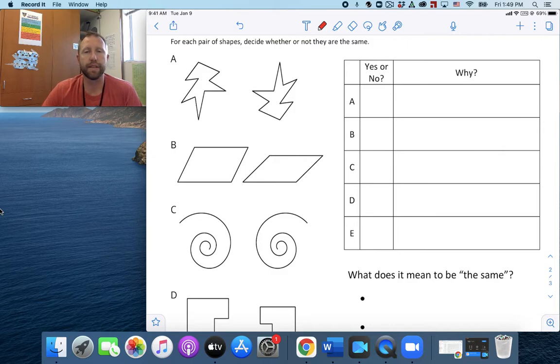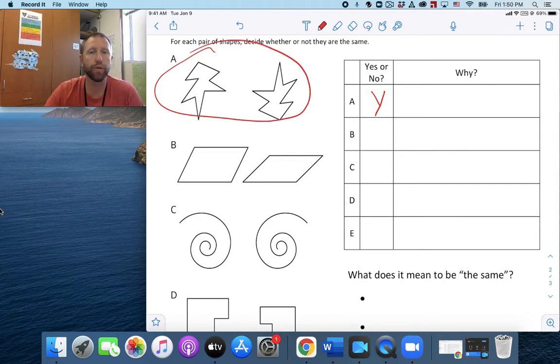All right, let's see how we did here. So it says, just say if they are the same or are not the same. Well, I noticed when I did this activity and I used patty paper that that was a yes. These two shapes here, those are the same. I traced one out on my patty paper, and all I had to do was turn it, and it got me the other shape.